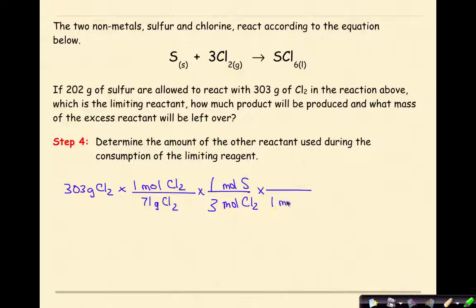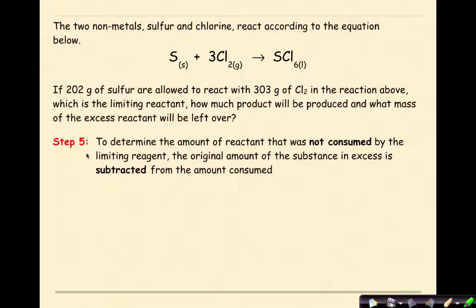So 1 mole of sulfur has the atomic mass of approximately 32 grams of sulfur. And I am going to go through and check my units. Grams, grams, moles, moles, moles, moles, left in grams of sulfur. And if I work this out, I'm going to get 45.5 grams of sulfur. And again, this is the amount of sulfur used to consume all of the Cl2.